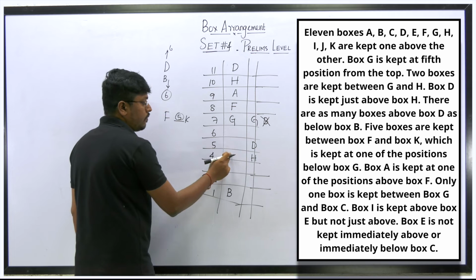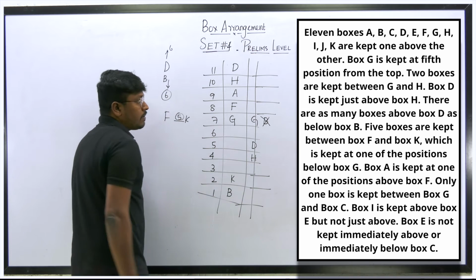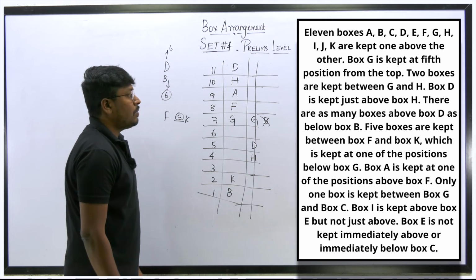So 1, 2, 3, 4, 5, and this will be K. Got it? So box A is kept at one of the positions above F.